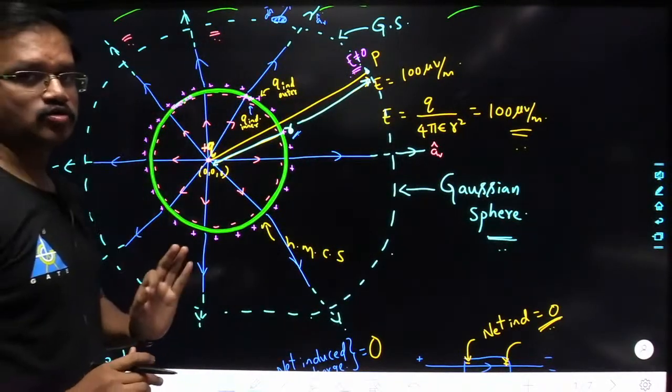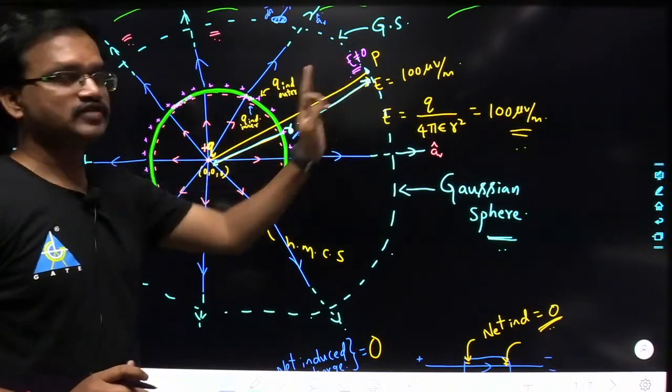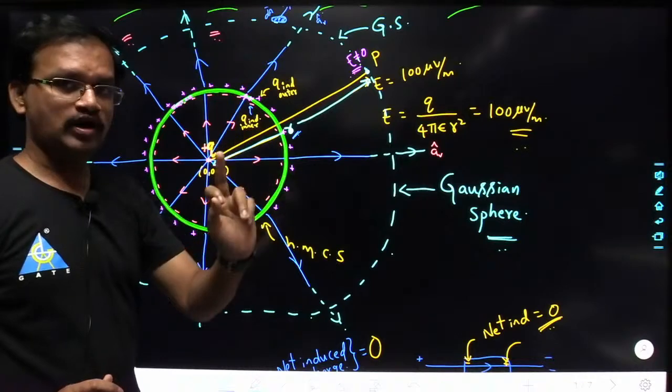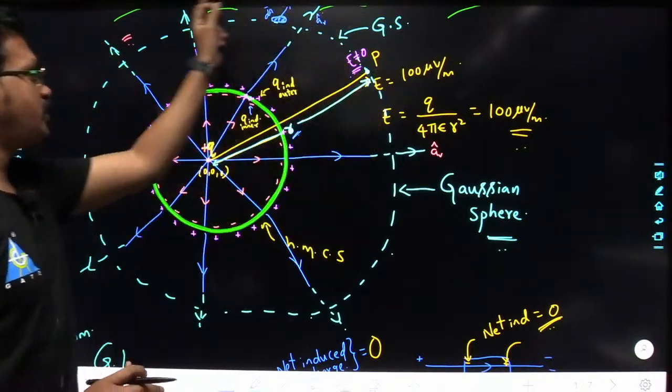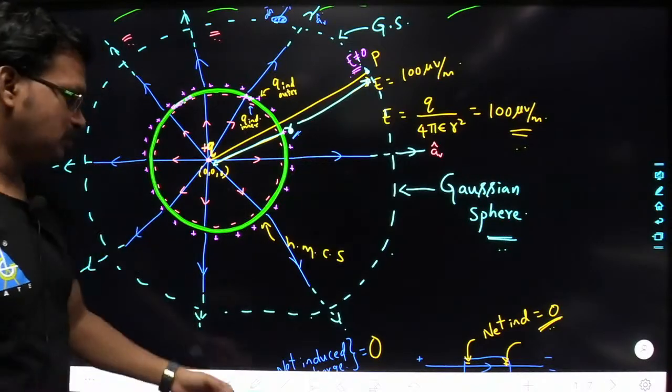So there are 3 points you have to observe: the electric field is radially outward, the direction of the surface is also radially outward, and the electric field is constant over this Gaussian sphere.